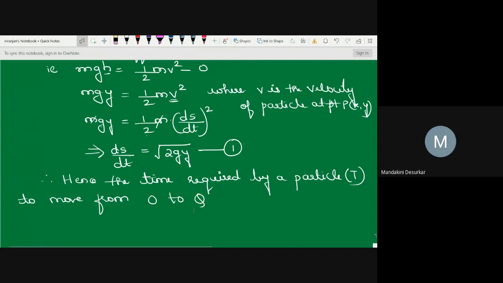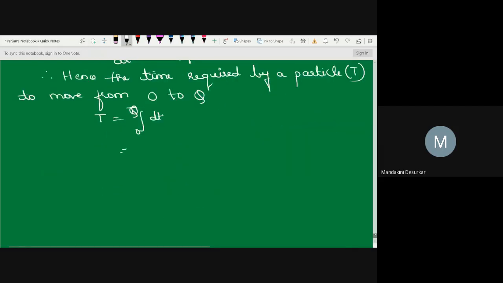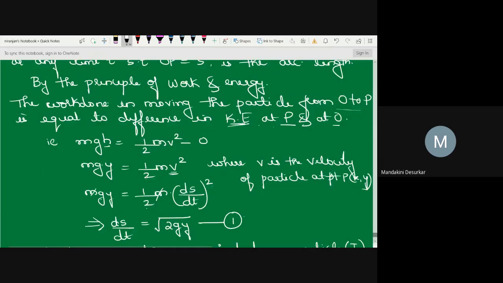So what is this equal to? It is the integration from 0 to T of dt, that is, from O to Q. What is the point Q?